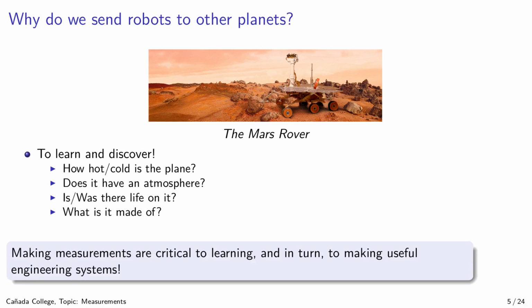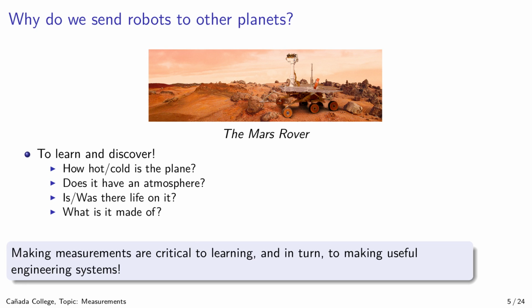If you think about it, this learning and discovery process is linked fundamentally to our ability to make measurements on the planet. We want to be able to measure the temperature, measure what gases there are, measure for evidence for biological features, take rock samples and determine what it's made of. So it's all about making measurements.